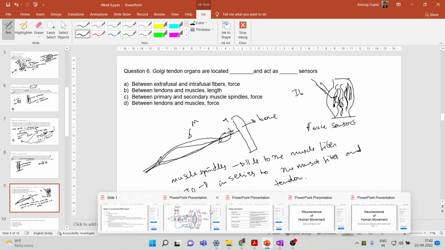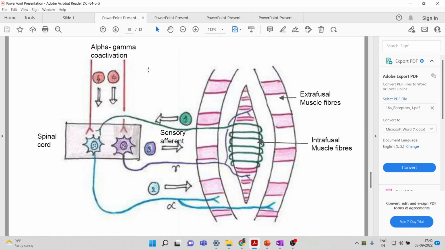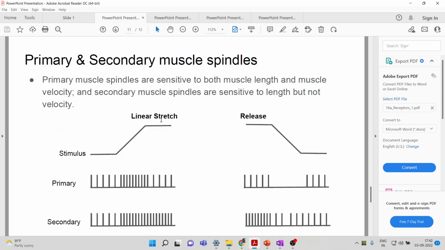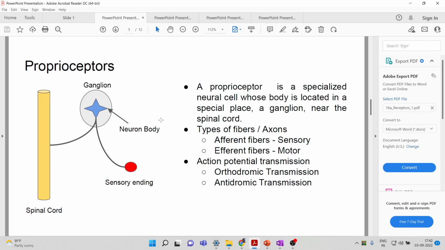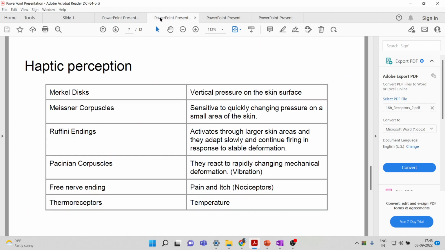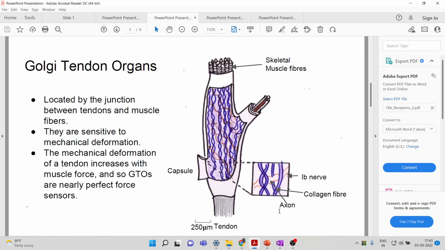Let us have a look at how it looks. Where is this Golgi tendon organ? You can see here how the collagen fibers intertwine.